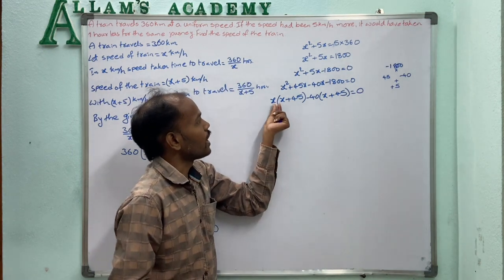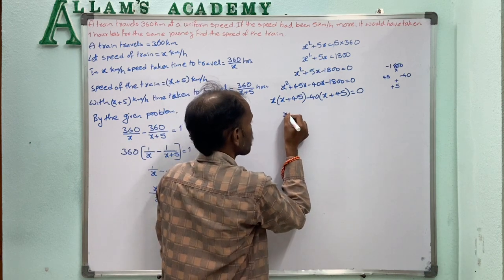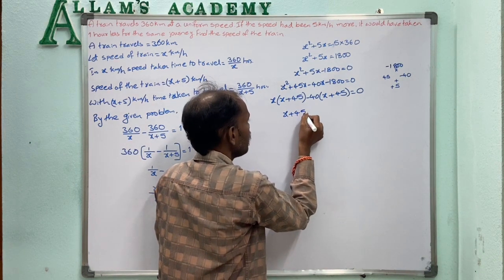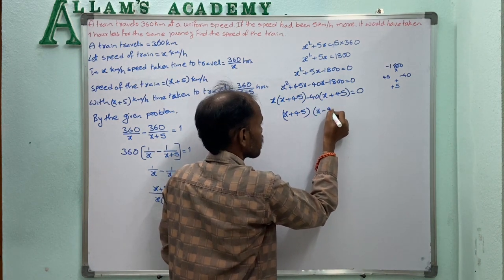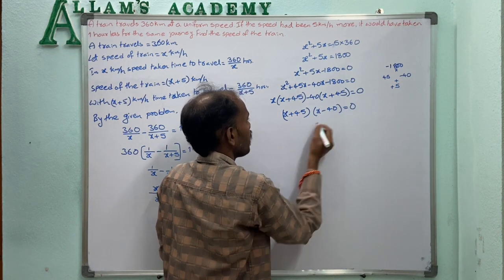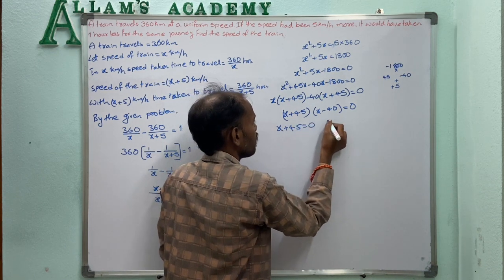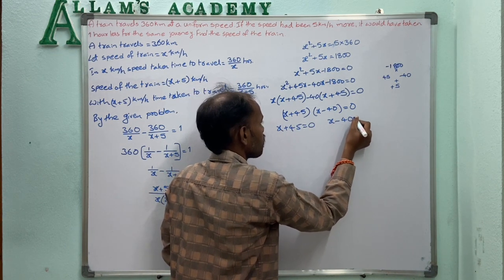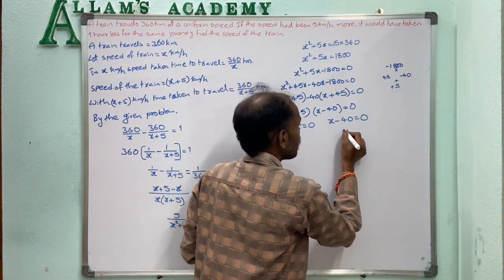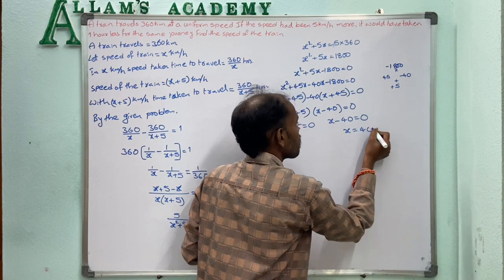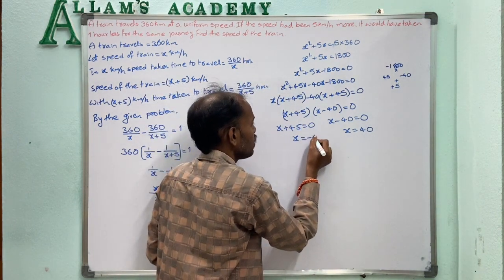Now x plus 45 is the common factor for both, so taking x plus 45 common, the remaining one is x and here the remaining one is minus 40. So (x plus 45) into (x minus 40) equal to 0. That means either x plus 45 equal to 0, otherwise x minus 40 equal to 0. If x minus 40 equal to 0, then x equal to 40. If x plus 45 equal to 0, then x equal to minus 45.